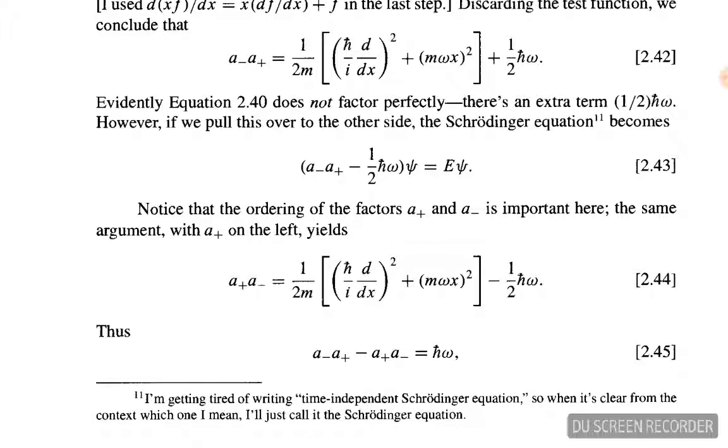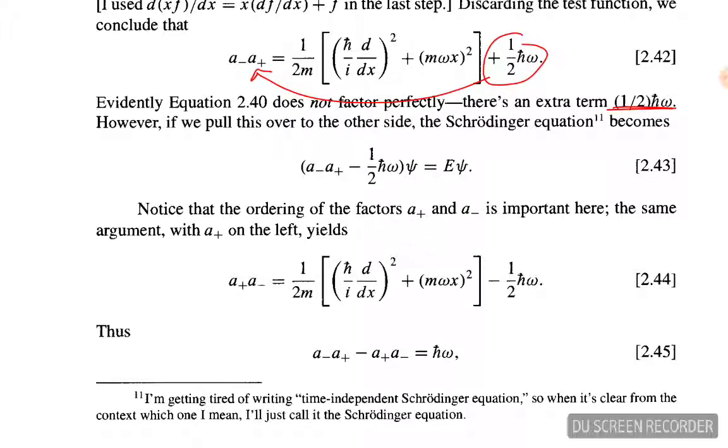Okay, so it's not perfect, it doesn't commute perfectly. We get an extra 1/2 h bar omega, but we can conveniently just pull that onto the other side.